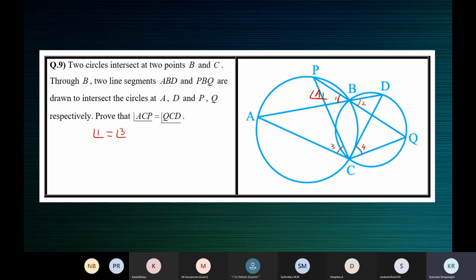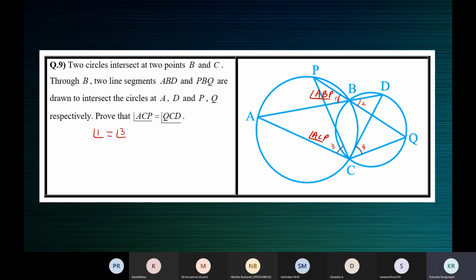Angle ABP. And this angle, angle 3, is angle ACP. Angle 1 and angle 3 are angles ABP and ACP.